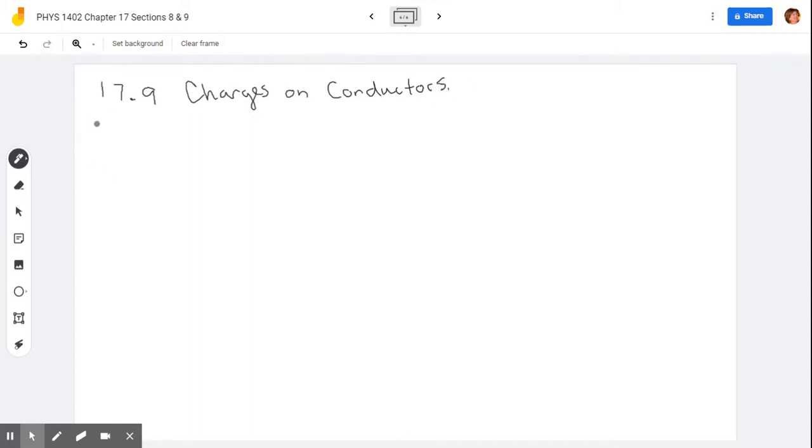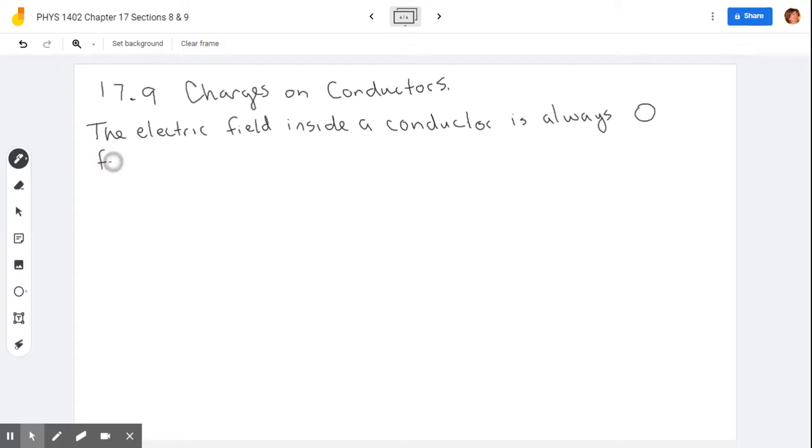Okay, remember, the electric field inside a conductor is always 0 for electrostatic conditions.